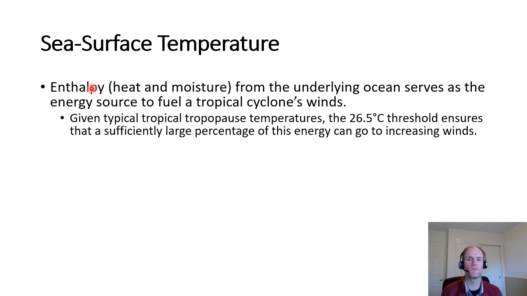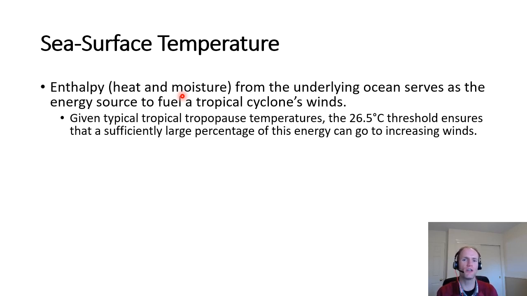In addition to this, there's typically a fairly uniform temperature to the tropopause across the tropics and the subtropics. So there's a typical difference between the underlying ocean temperature and the tropopause temperature, which is where the tropical cyclone's air stops rising and spreads out in the form of outflow. The difference in temperature between those two levels governs how much of this heat energy from the underlying ocean can actually go into fueling the tropical cyclone's winds.